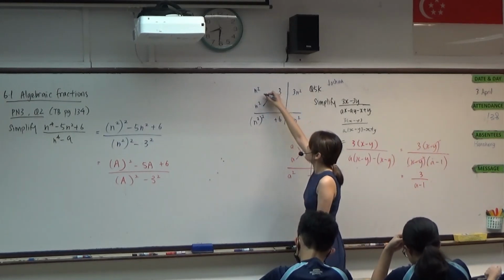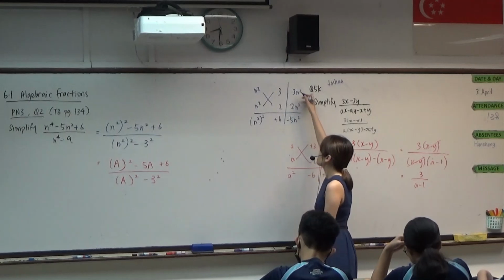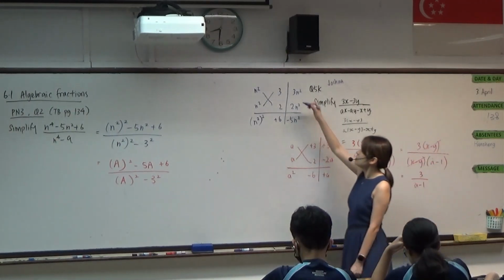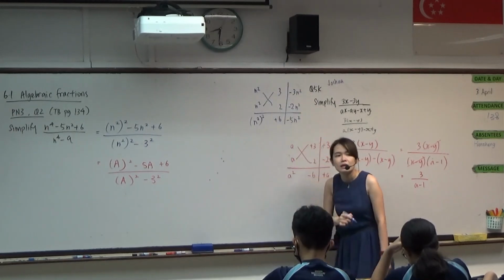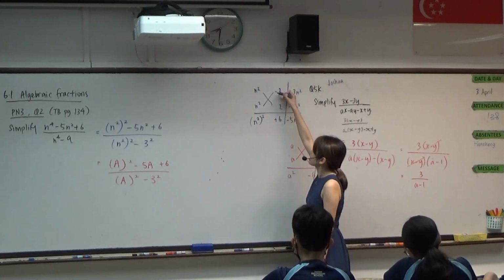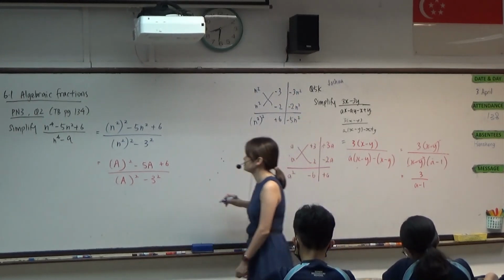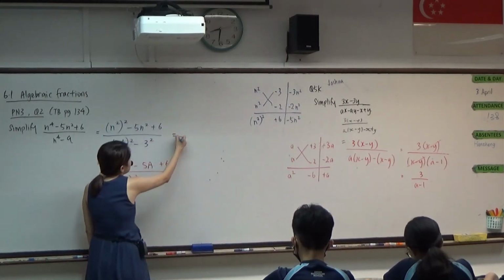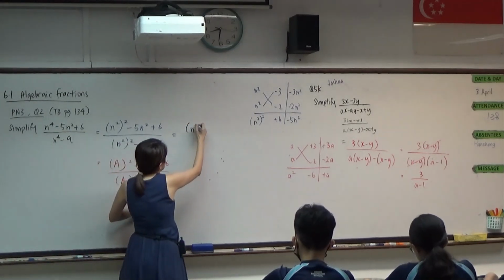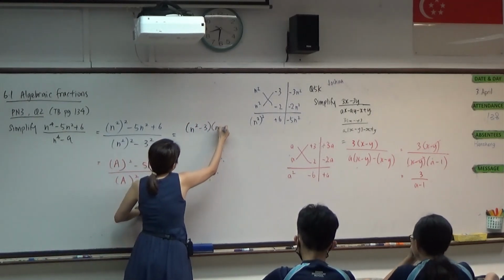Cross multiplying, I'll get 3n squared and 2n squared, only possible when both are negative, to add up to negative 5n squared. So in my numerator, factorized, I'll get n squared minus 3, n squared minus 2.